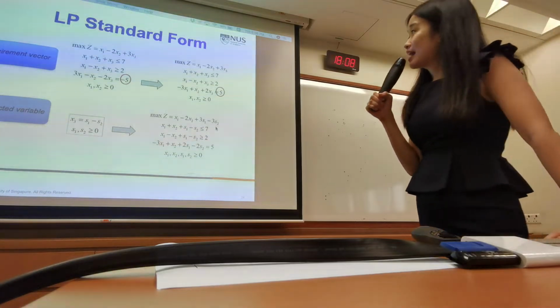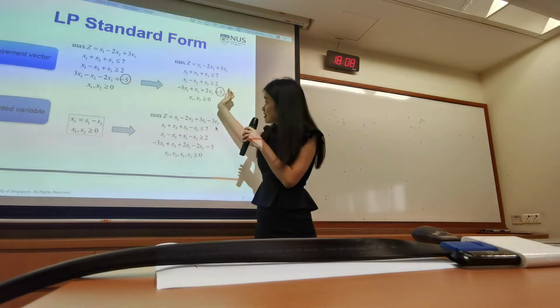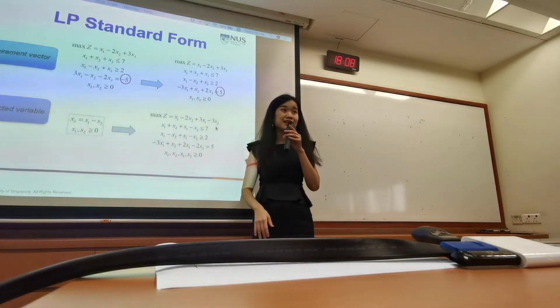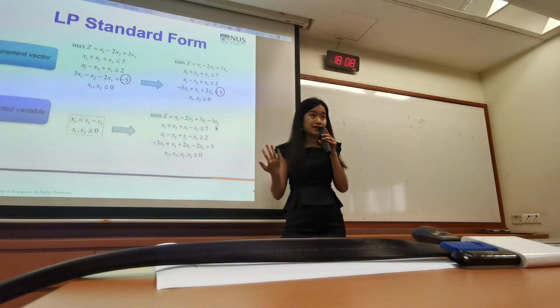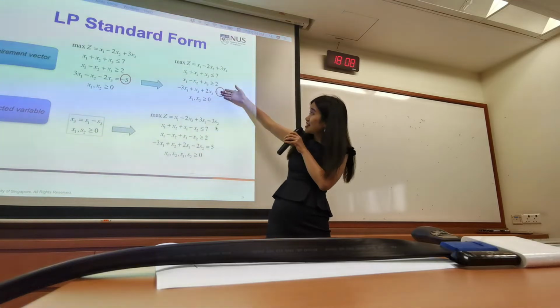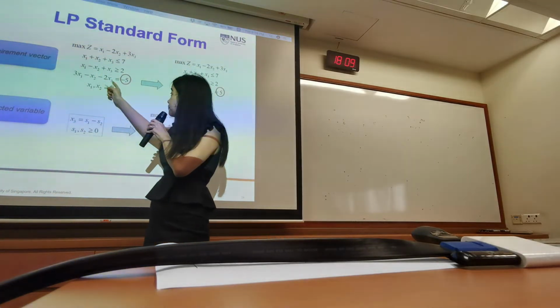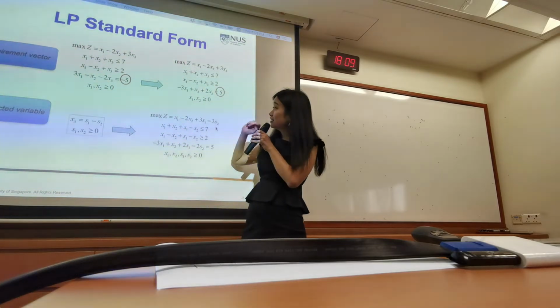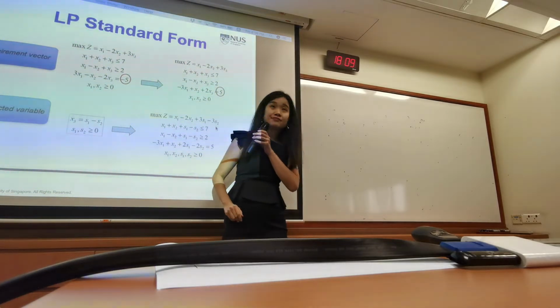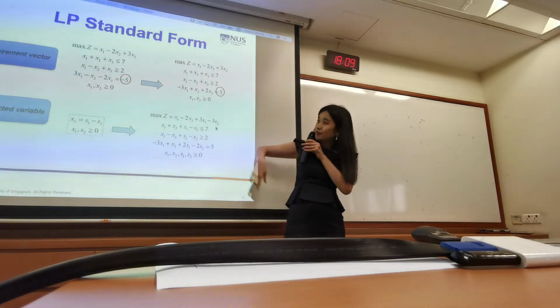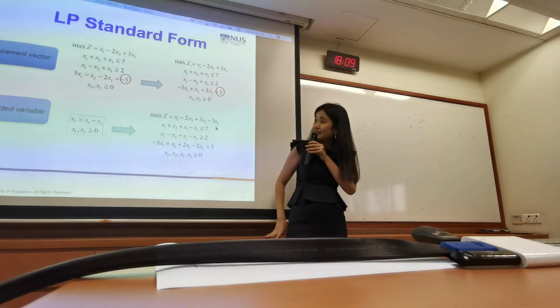The first step is just one addition, because I want my right-hand side to always be non-negative. The easy way is to multiply a negative sign on both sides to turn it to a positive value. So it's just easy: first, multiply by minus 1.